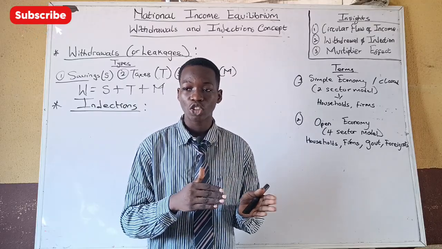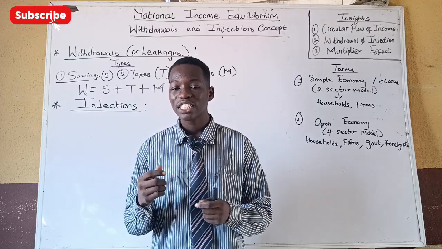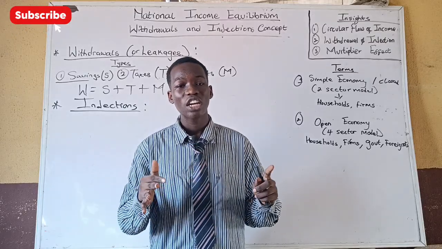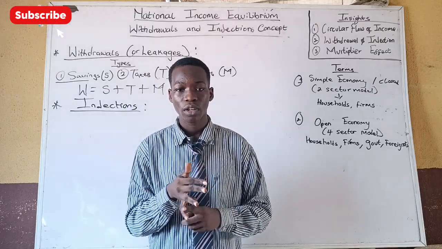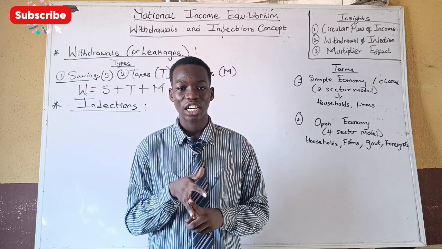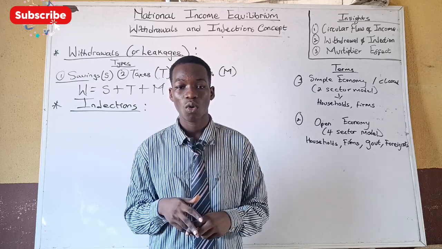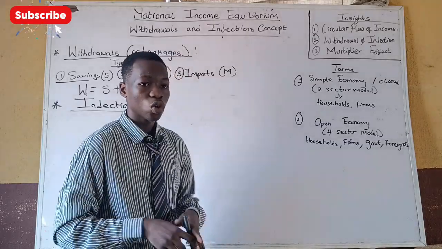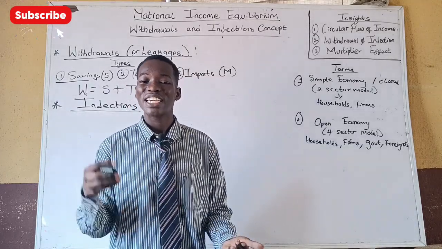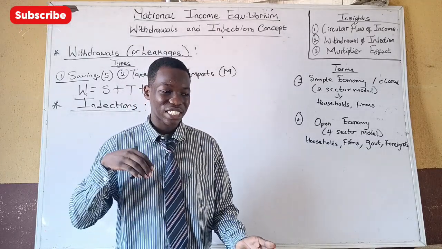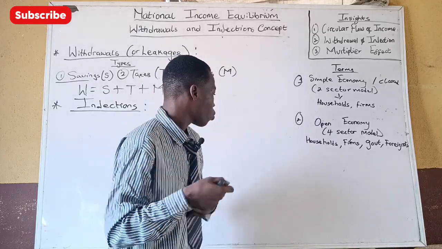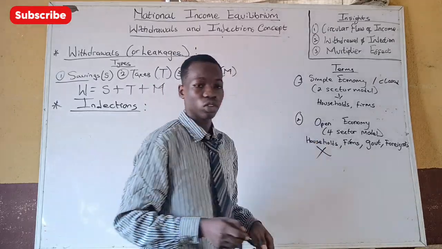And the second definition is that it can be defined as the spending of firm, government and foreigners, which increases the circular flow of income. So when we are talking about injection, these are monies that are being injected, that are coming into the circular flow of income, but we exclude household consumption.